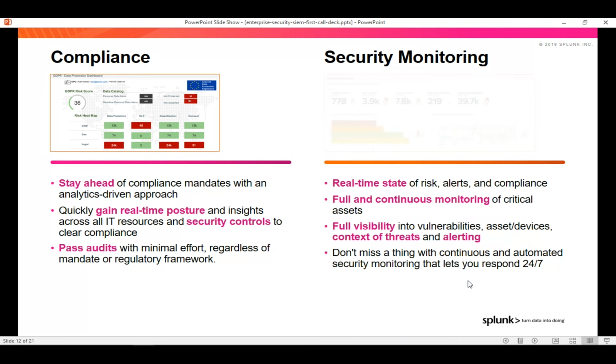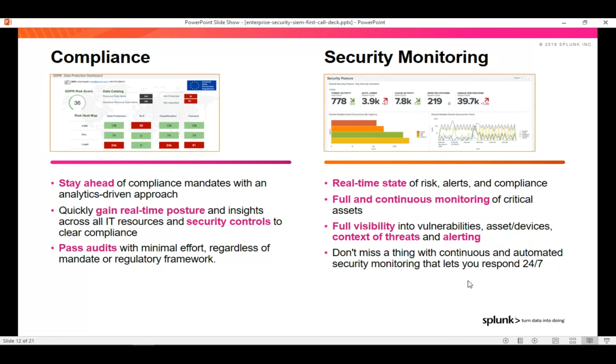Security monitoring. There's a dashboard called security posture in Splunk ES, which gives you at a glance the number of threats or number of attacks happening in terms of the different security domains like network, endpoint, authentication, access. So Splunk Enterprise Security has classified the security infrastructure into 5 different domains, where it categorizes and provides you with high level information about what kind of attacks are happening in which domain.